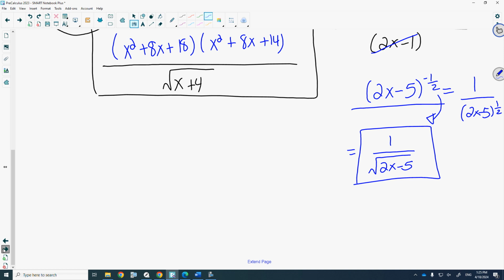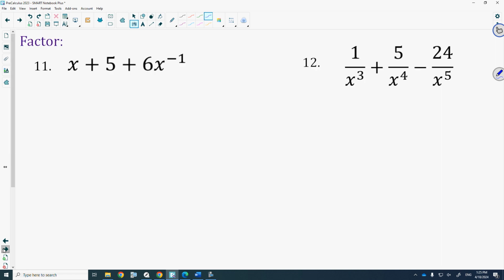Let's do two additional questions that I really like. So I tell you to factor this. You've got an x, we've got no x here, and we've got x to the negative 1. So the clue should be, we always factor out the smallest exponent, which is an x to the negative 1, but this doesn't have an x.